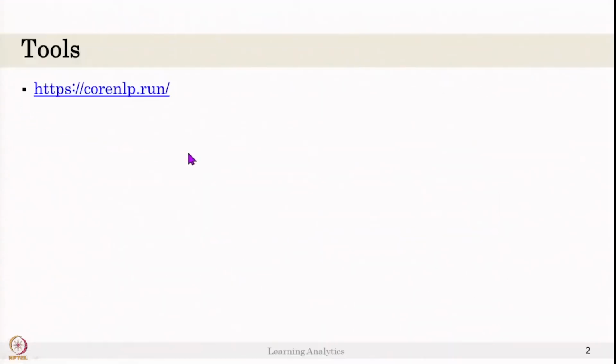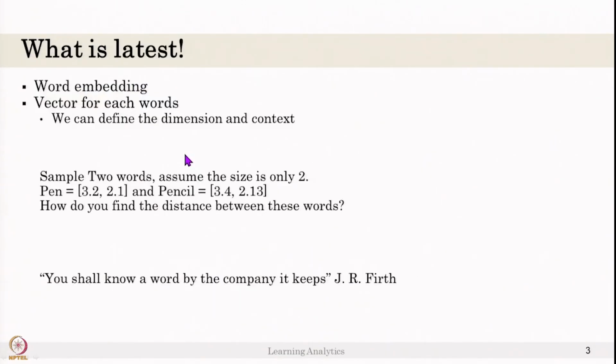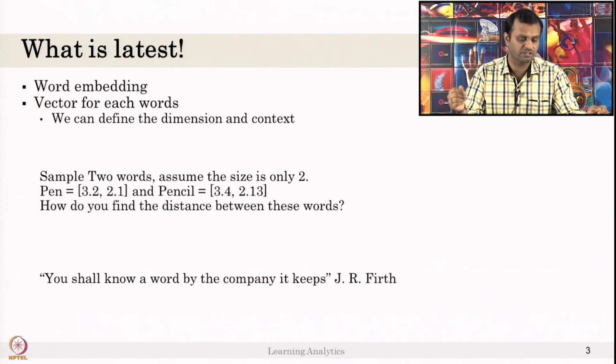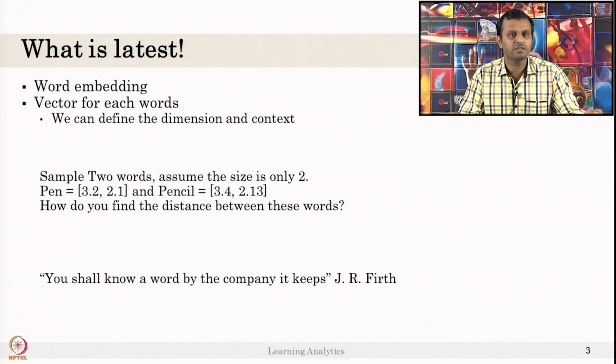Let us go back to the next latest things in NLP. The latest, in the sense of latest from 2013 or 2014, right, not latest like last year or this year. The latest thing is word embedding. Here each word is represented as a vector, okay.